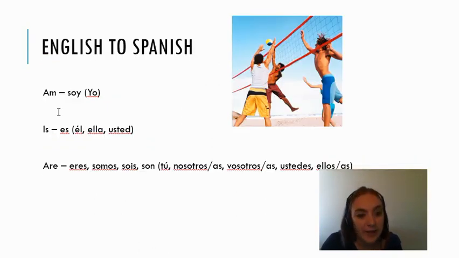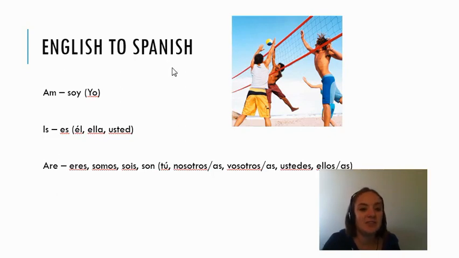So as a recap, we have three ways to translate the word be in English in the present tense. You've got am, is, and are, but in Spanish you've got six different ways to say to be when you conjugate that verb, or change the verb ser. When you have am, it's always soy. So that one's easy to remember.